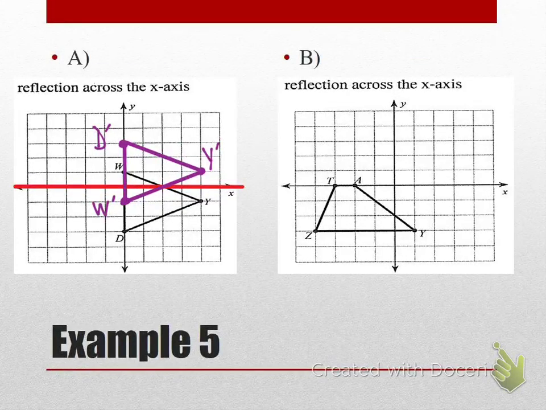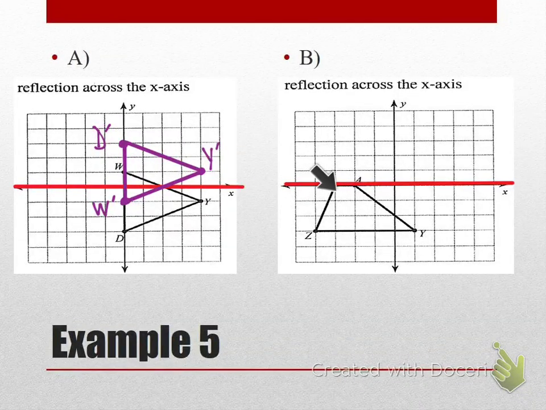What's a little bit different about letter B? It's on the... Good. We've got a couple of our points that are on the axis. Where do you think they go? On the axis. They're not moving. So if we were to fold it here, these points would just stay put.